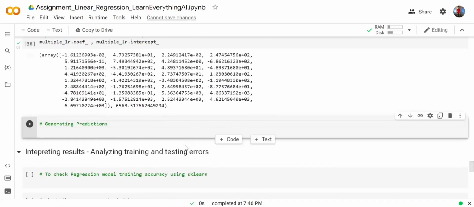And we can see that it has been generated into a numpy array. These numbers won't make much sense to us right now, so there is no point in actually discussing this. So we will proceed with generating the predictions for this model.